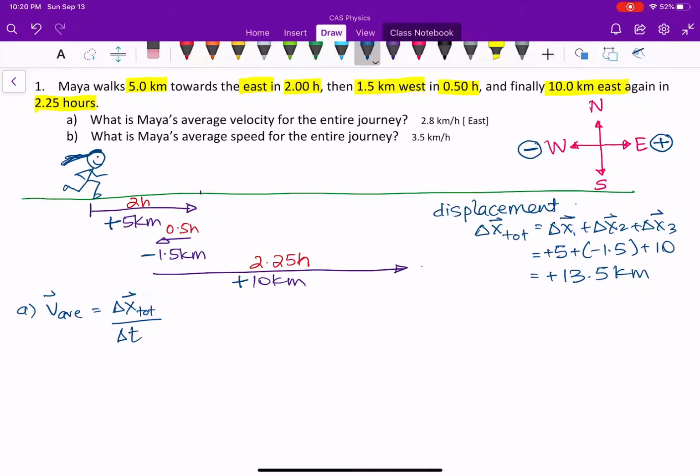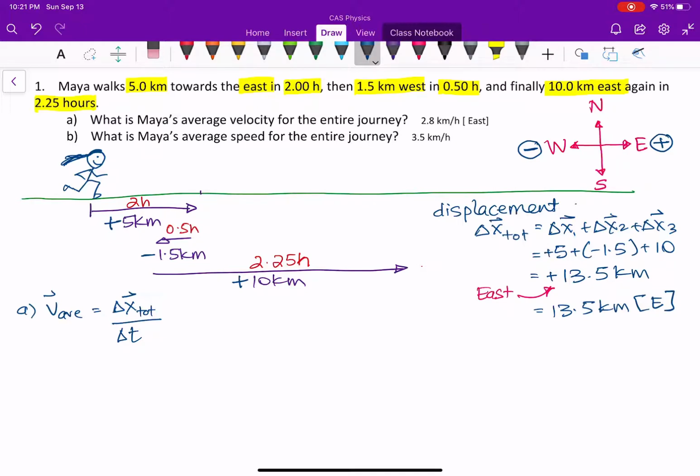And that plus sign indicates, according to my sign convention, east. So my answer for the displacement works out to 13.5 kilometers east, and I can put those in square brackets.